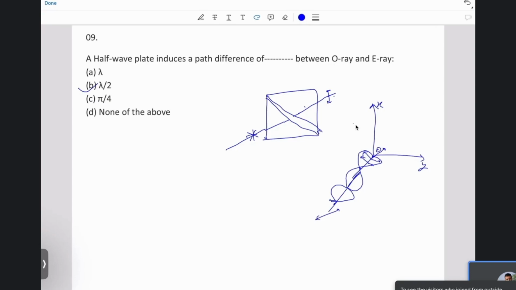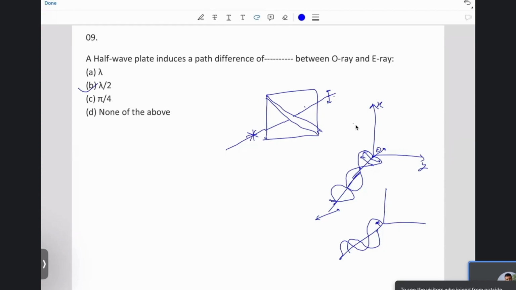And when you change the phase difference between the two, so you start one wave from the origin, the other one at pi by 2, correct? Now what you will see is that this electric field vector starts rotating.